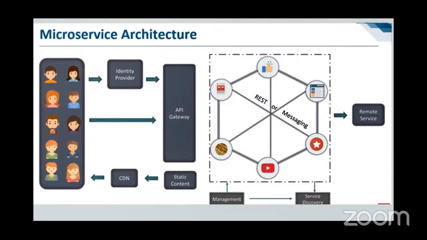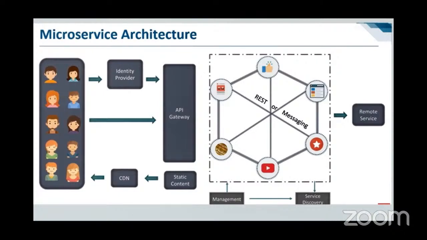For example, we'll have one microservice for the video streaming part, one for the recommendations part, and another for the ratings or similar business components. Each of these microservices is independent of the others, and they communicate via REST or messaging.